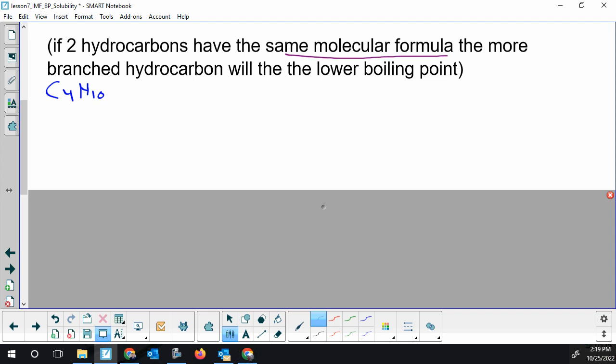If you don't have any branching, the isomers can get really close to each other and have the maximum forces. So I'm going to do the straight chain, no branches. 1, 2, 3, 4, lift my pen. Okay. Now there's H's coming off that line structure, but hydrogens are really small. There's only 1 proton in them. Okay.